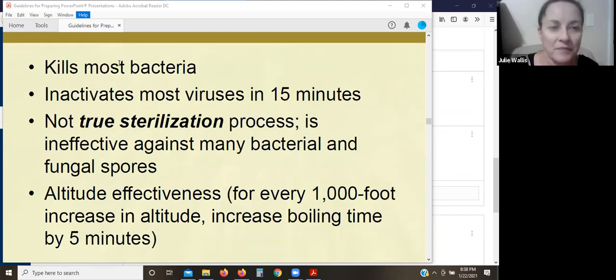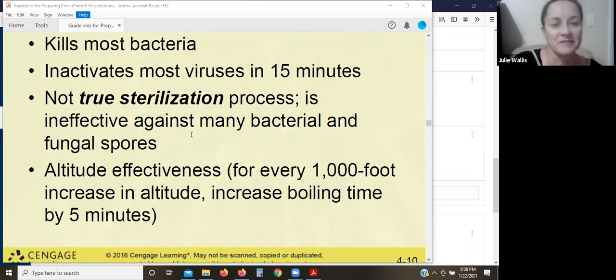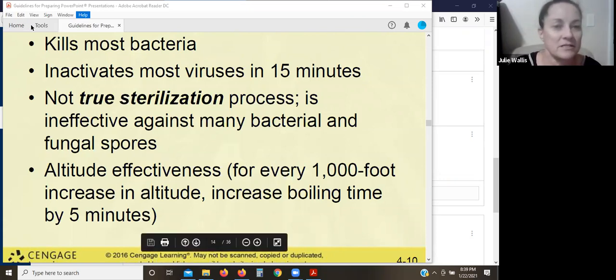Boiling water kills most bacteria and viruses after 15 minutes, but it's not considered a true sterilization process. So this may be effective against fungal spores, but it may not be effective against bacterial endospores. And then if it's at a higher altitude, for every 1,000 feet, it needs to increase the time by 5 minutes.